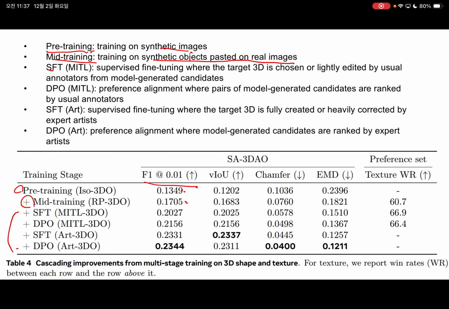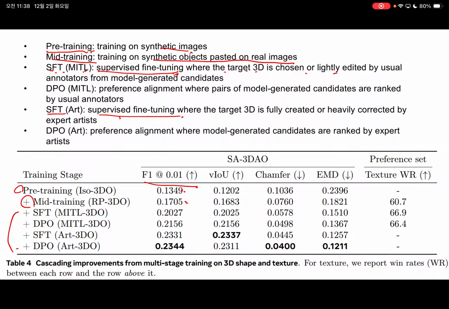The SFT is supervised fine-tuning. MITL is model in the loop. Supervised fine-tuning is where the target 3D is chosen or lightly edited by a usual annotator from model-generated candidates. So let's say we have real images, and we let the model do 3D reconstruction, and a usual annotator, not an artist, like us, we are not artists, right?